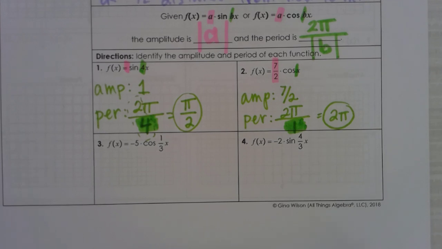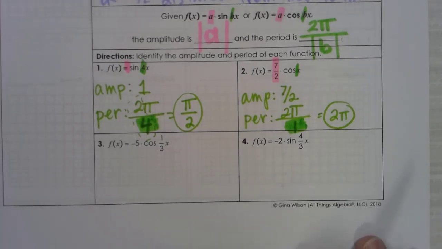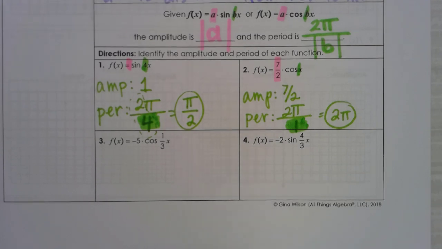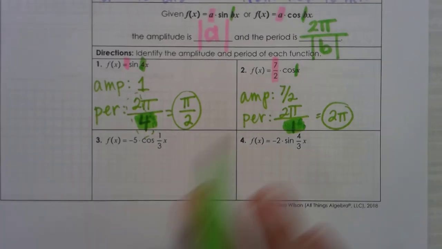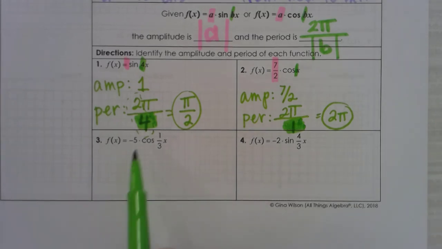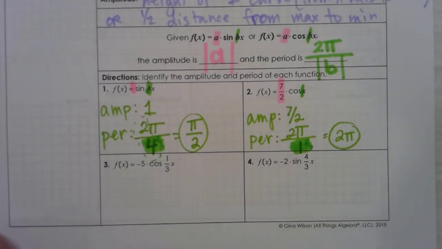All right, so what's the difference on 3 and 4? We have a negative and the fraction. Okay, so the negative doesn't have anything to do with our amplitude and period. The negative is going to determine which direction our graph goes.